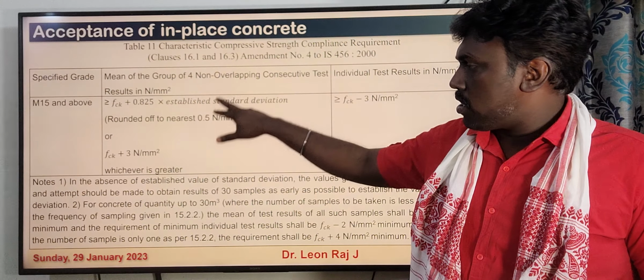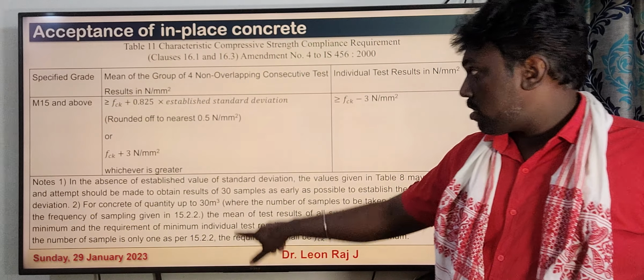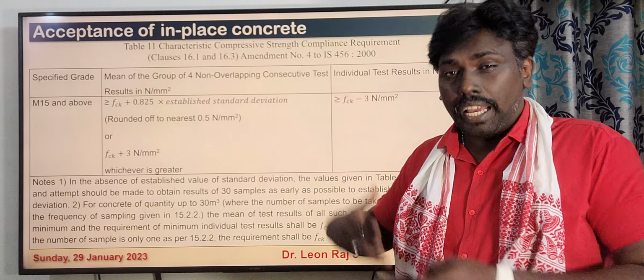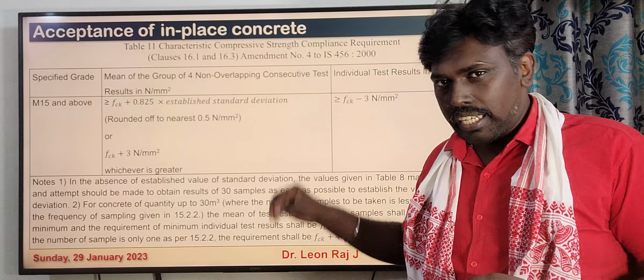In the case of 2 or 3 non-overlapping consecutive test results, the criterion is fck plus 4 Newton per mm square, and the individual strength should be a minimum of fck minus 2 Newton per mm square. In the case of only one test result, it should be greater than fck plus 4 Newton per mm square. The acceptance criteria of in-place concrete will be explained in detail in the coming slides.